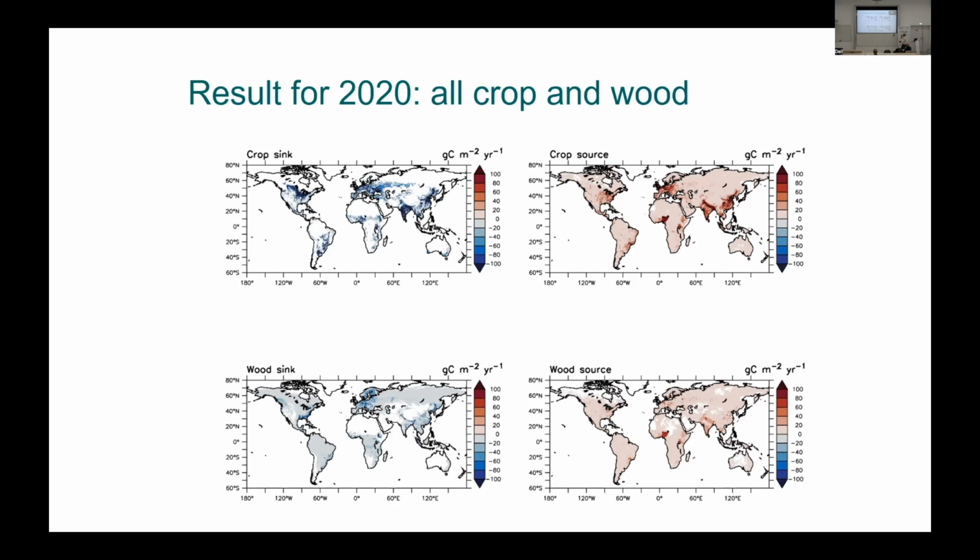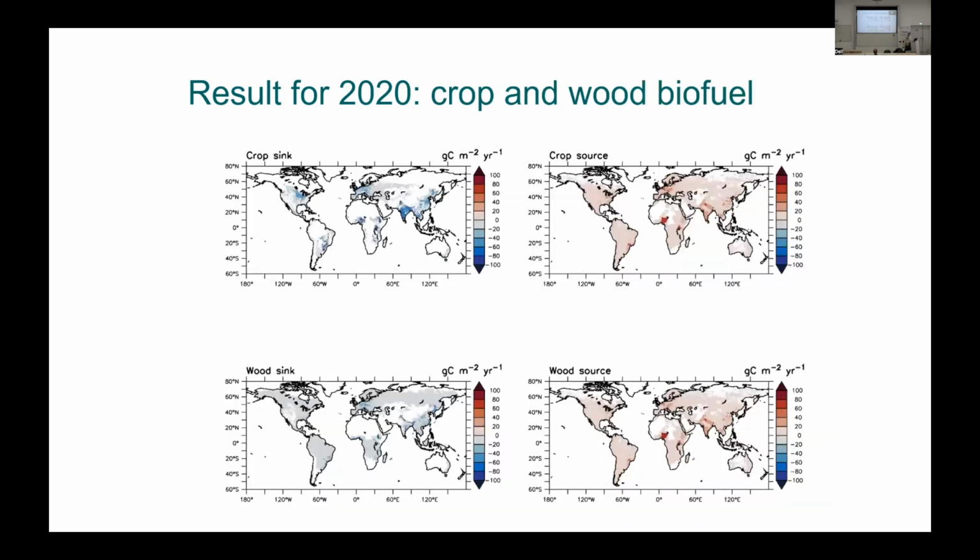For the wood source, it's human settlements as well, but also modulated by the type of activity, the type of heating, for instance, or energy production that is going on in these countries. Same for biofuel. Numbers are a bit lower, but we also have a distribution around the world.